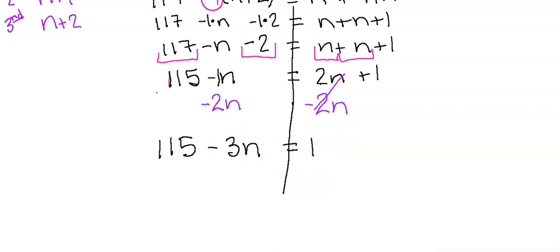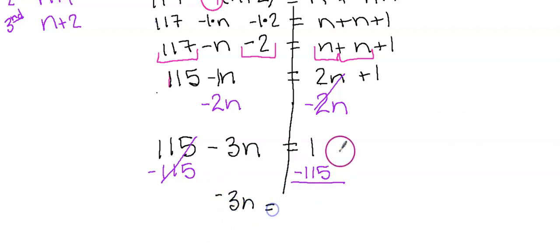Get rid of the 115. Opposite of plus 115 is minus 115. Whatever I do to one side, I do the same thing under the like terms on the other side. Negative 3n equals negative 114.